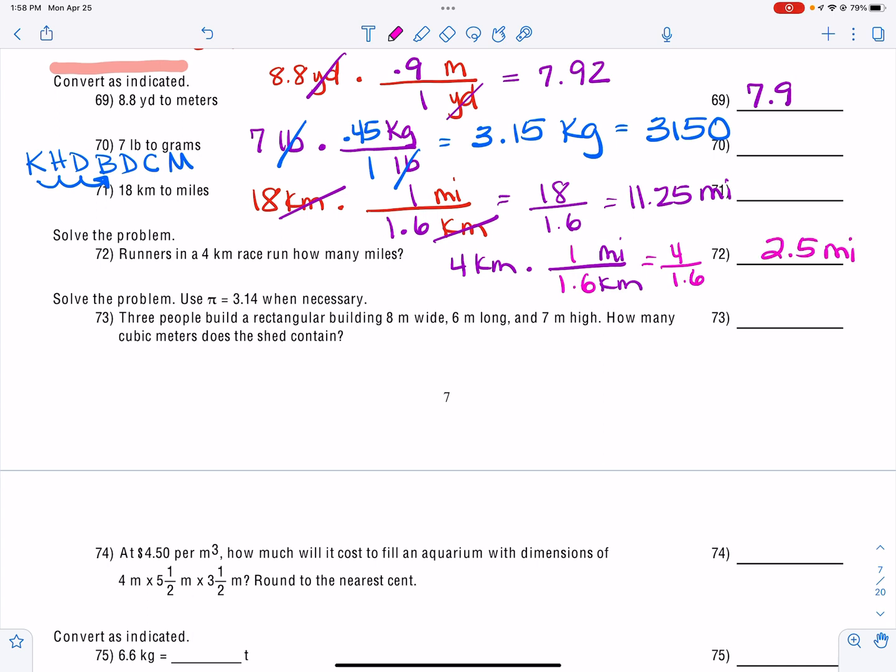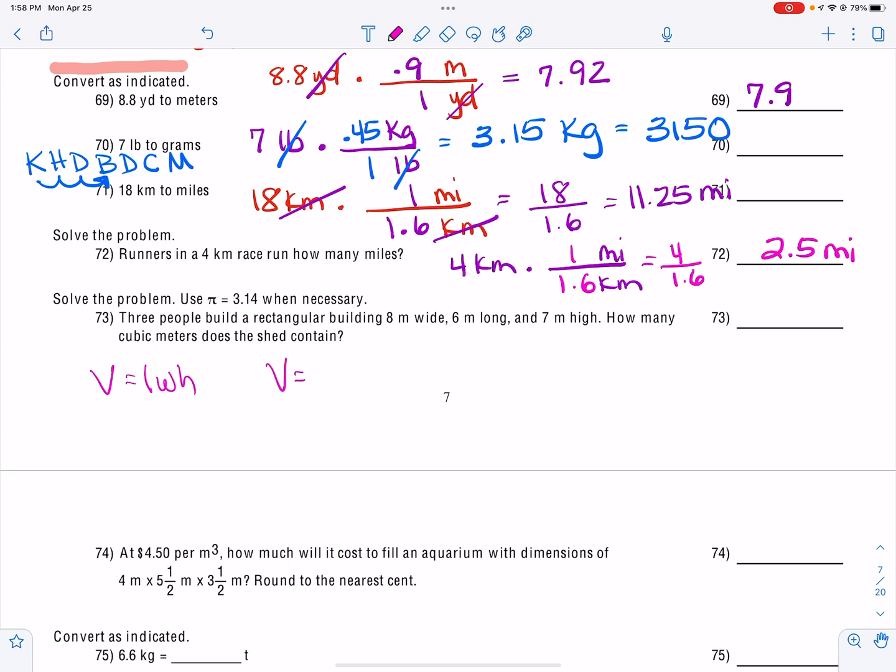Okay. Now, when we use formulas, the formula for this rectangular building is... It says someone builds a rectangular building, 8 meters wide, 6 meters long, and 7 meters high. We want to know how many cubic meters, so they're looking for volume, and volume is length times width times height.